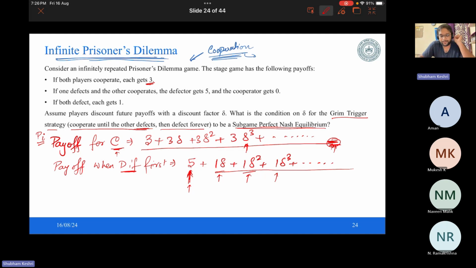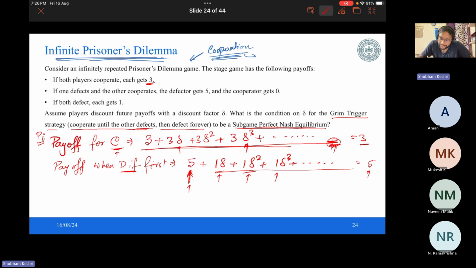Suppose the value of delta is 0, for example. So if the value of delta is 0, this sum will become 3, and this sum will become 5. Therefore, defecting is better for him. He will defect, right? Because 5 is more than 3. Okay. We have to find that delta.